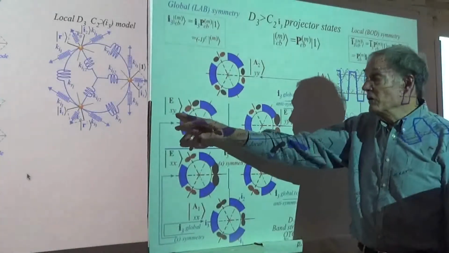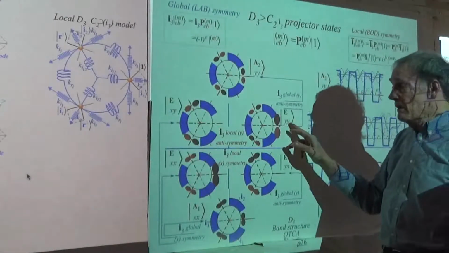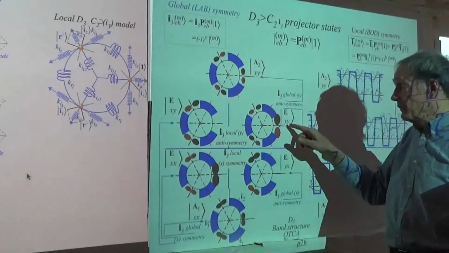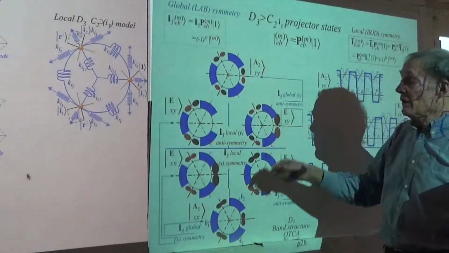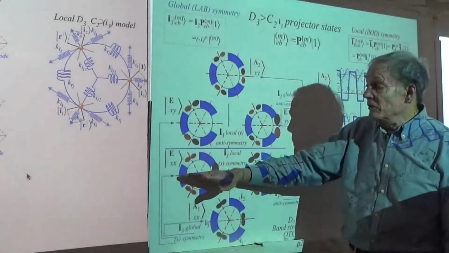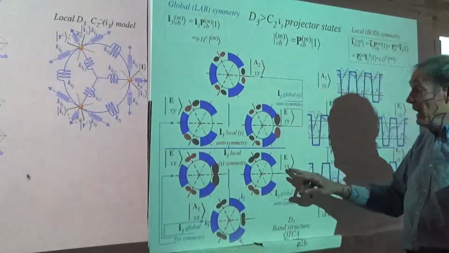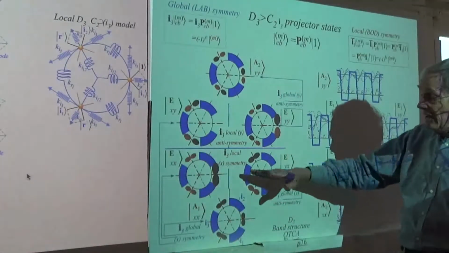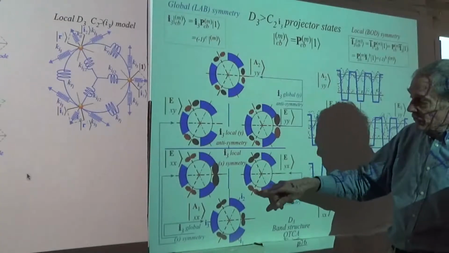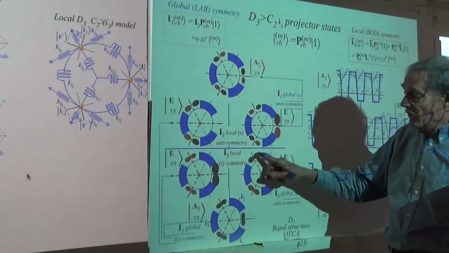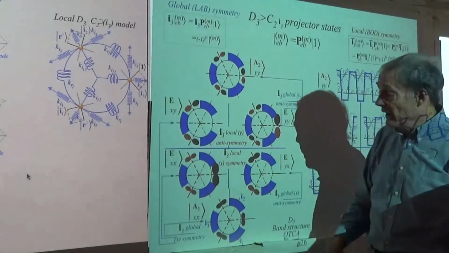The local symmetry is Y for both of them, but the global symmetry is X, symmetric for this one and anti-symmetric for this one. And same for here. This one, the global symmetry is symmetric for the X in the global spot and anti-symmetric with the Y. You can see this is black versus red having a negative phase, this a positive phase, so anti across there.